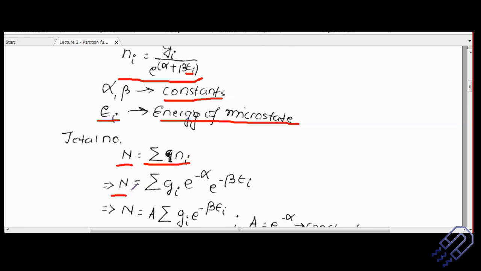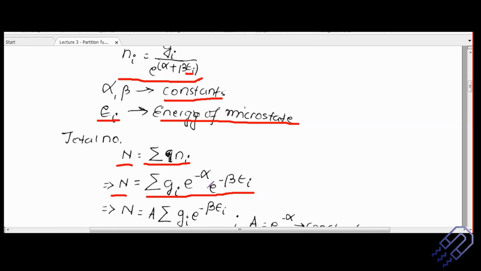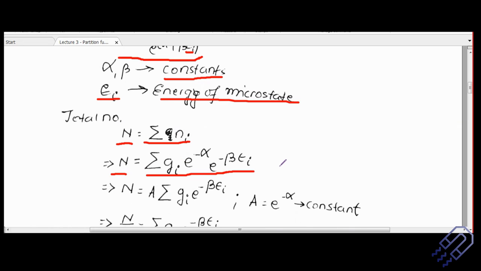So the total number N is the summation of Gi e to the power minus alpha e to the power minus beta epsilon i. We're just playing around with the exponential term, separating them out. Now, e to the power minus alpha doesn't have any i in it, so it's a constant. We can take it outside and write it as capital A, which is nothing but e to the power minus alpha.